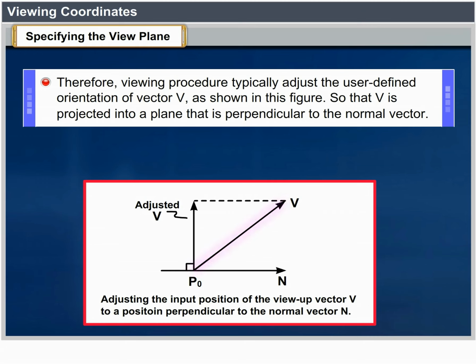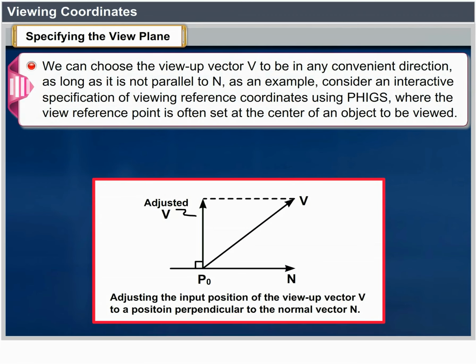We can choose the view up vector v to be in any convenient direction as long as it is not parallel to n. As an example, consider an interactive specification of viewing reference coordinates, where the view reference point is often set at the center of an object to be viewed.